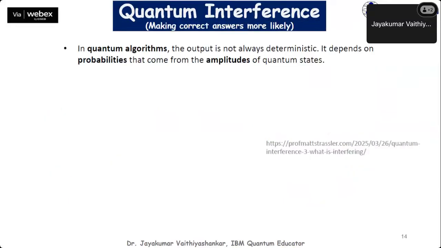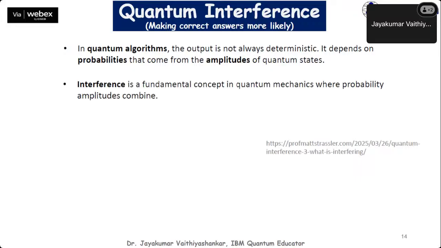In a quantum algorithm, the output is not always deterministic. It depends upon the probability that comes from the amplitudes of quantum states. So what is happening during a quantum execution? Interference will happen. Interference is a key, fundamental phenomenon in quantum mechanics where probability amplitudes combine together.